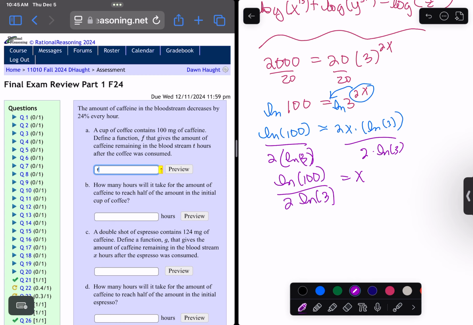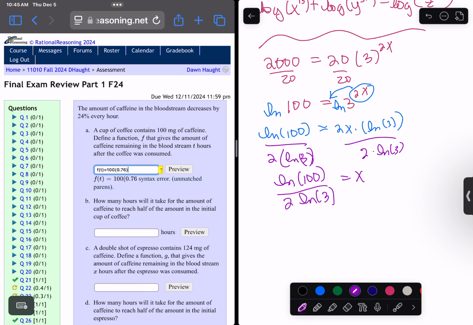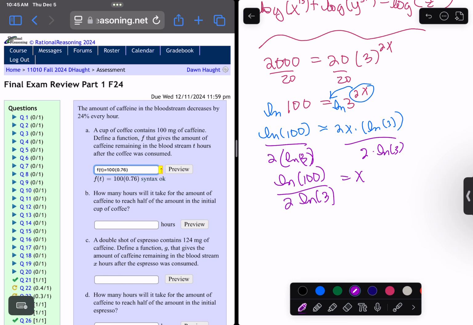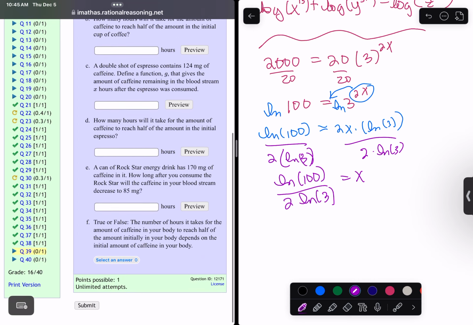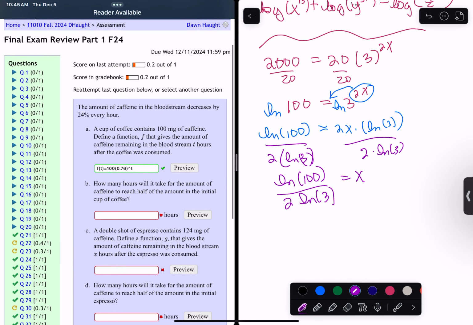It's going to be f of t equals our starting amount. Now, we have to take 100% minus 24%, or 1 minus 0.24, which is 0.76. And then it's to a power of t. Now, I'm just going to peek, and it looks good.